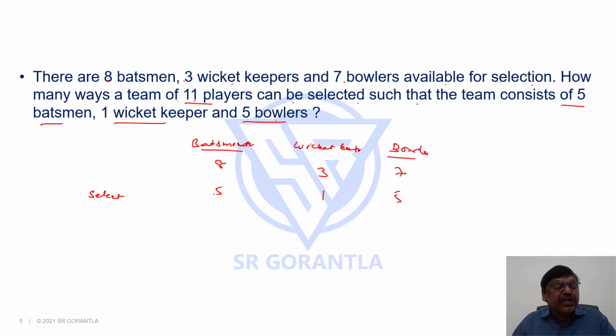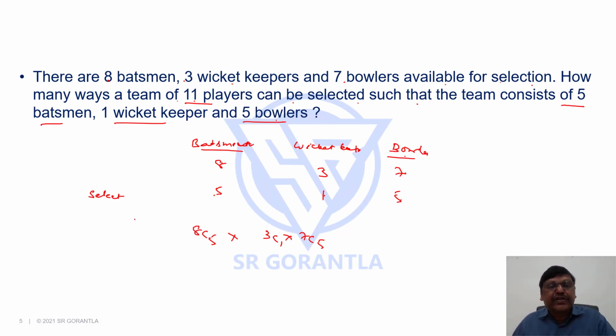Out of 8 batsmen, you have to select 5 batsmen, means the number of selections is 8C5. Out of 3 wicket keepers, 1 should be selected, means 3C1. And out of 7 bowlers, we need to select 5 bowlers, 7C5. If you multiply 8C5 into 3C1 into 7C5, that is the total number of options.